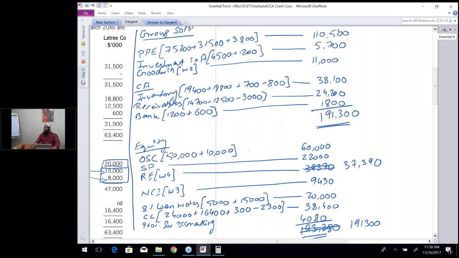So this is how we have actually balanced our first consolidation question. Any questions with this? You can at least take the snapshot of the balance sheet, entire balance sheet.